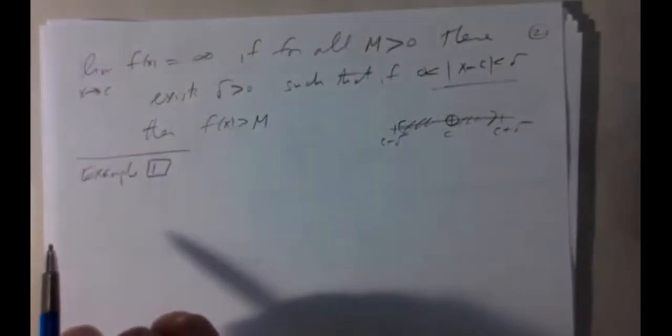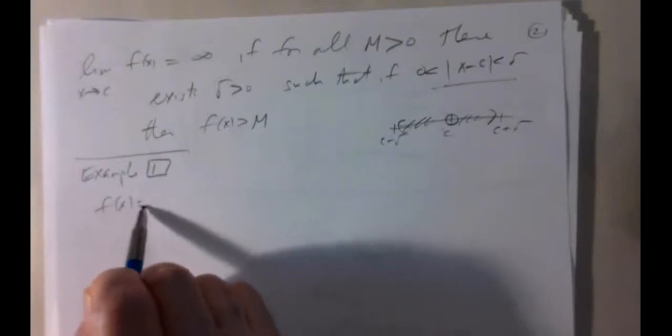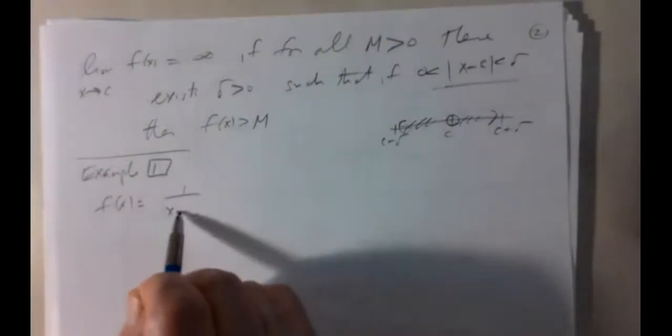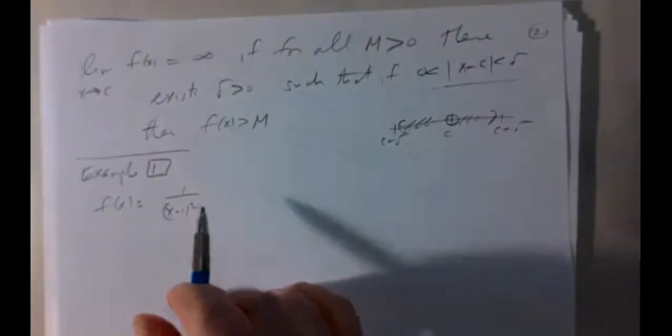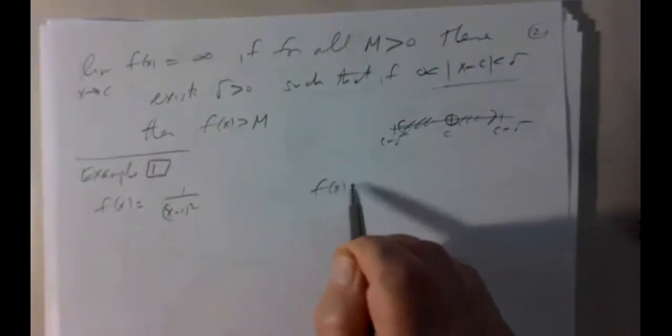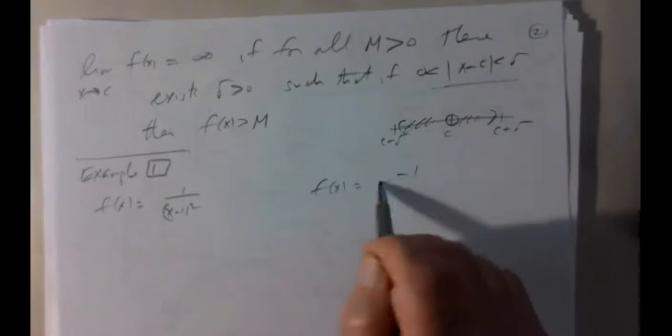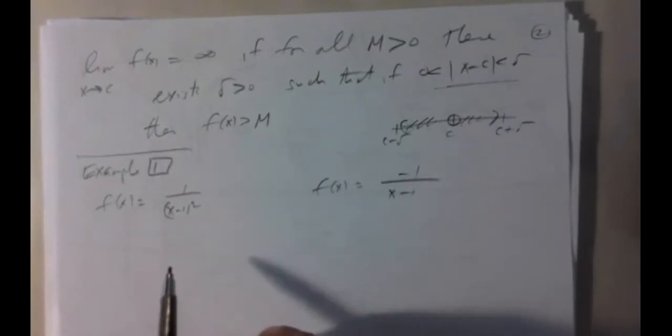So the book gives a number of examples. This is example 1. We have two functions. One is f of x equals 1 over (x minus 1) squared. And the other is the function f of x equals minus 1 over x minus 1.